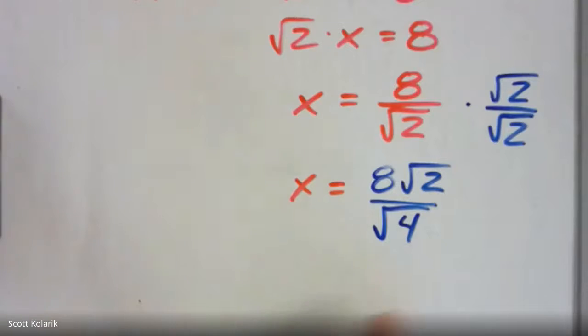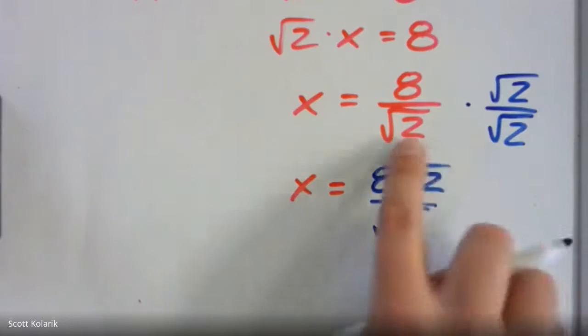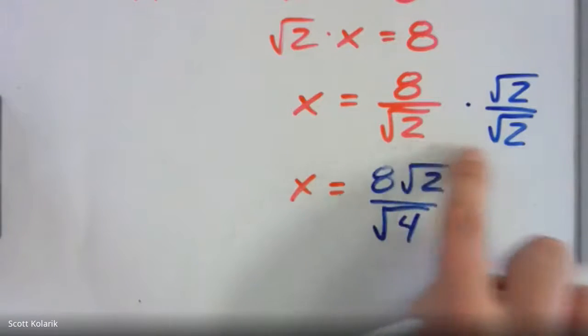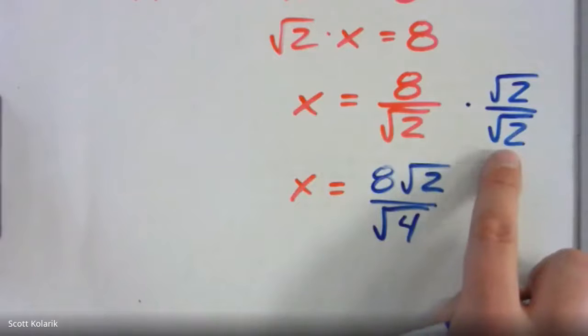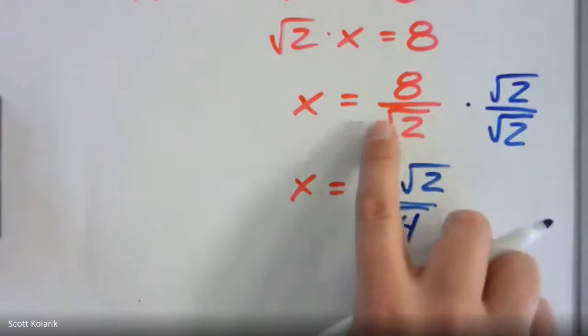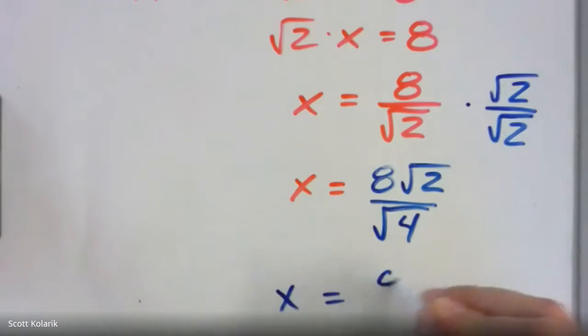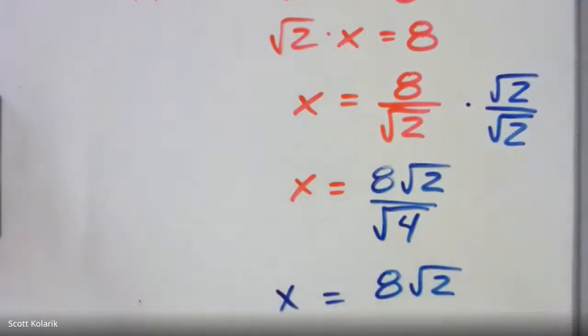That's a problem. But the reason I did this is because this is something I can actually solve. The square root of 4 gives me 2. And the whole reason I multiply by this is that I'm going to end up canceling this radical. See here, watch what happens. So I have 8 radical 2 still in the numerator.